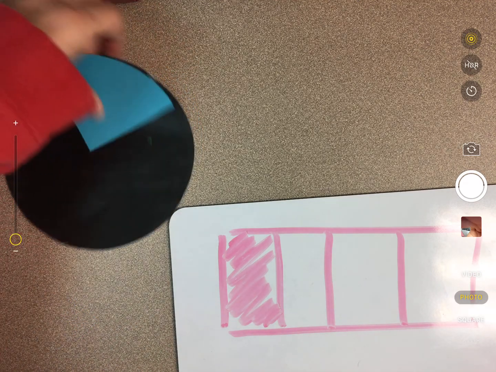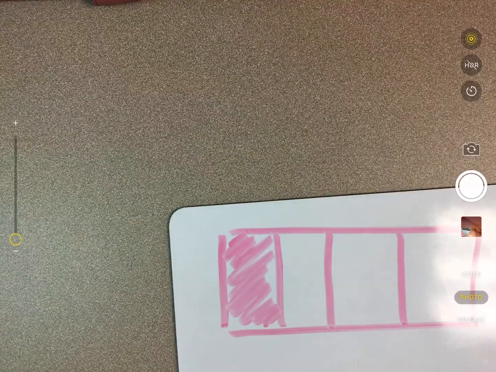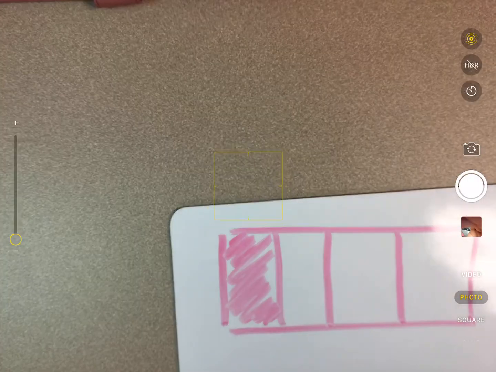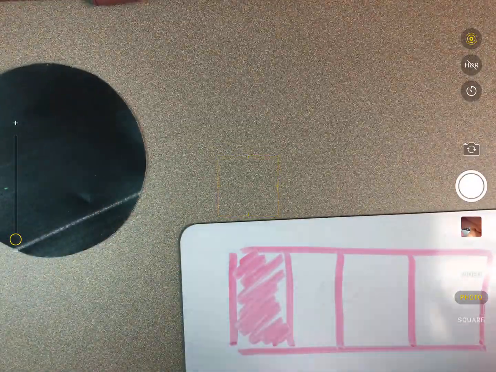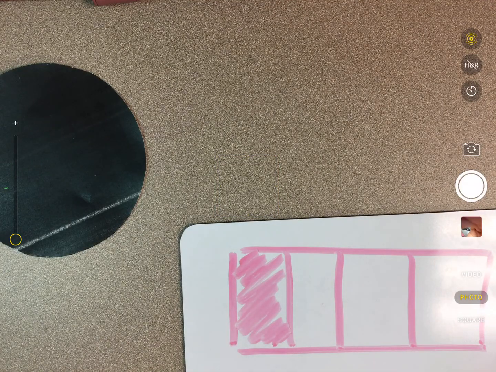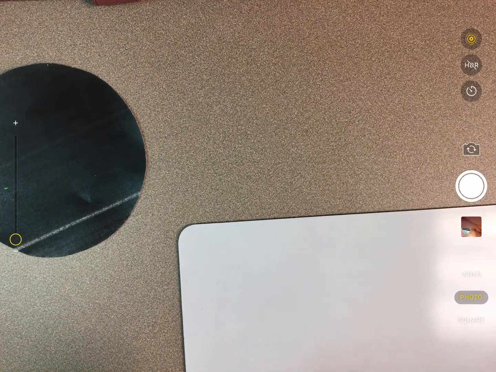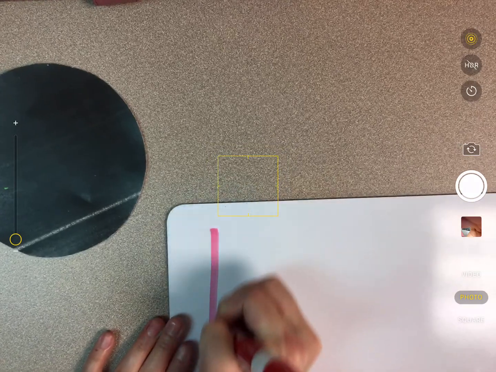Okay, so now I want to look at 2 different displays for 1/3. So we're going to use our black circle again. And I am going to draw another rectangle.